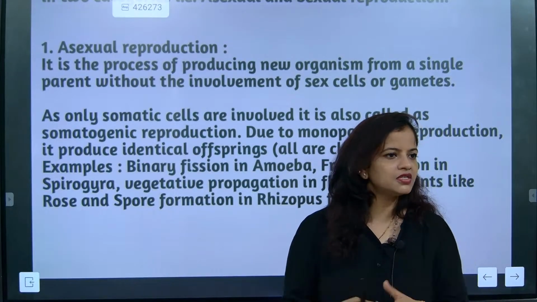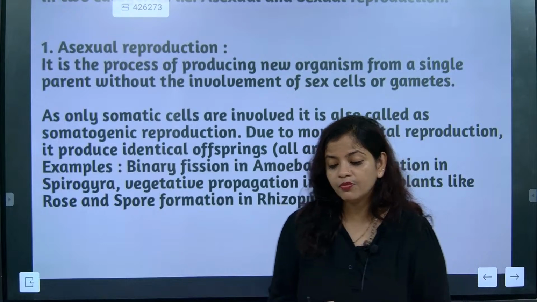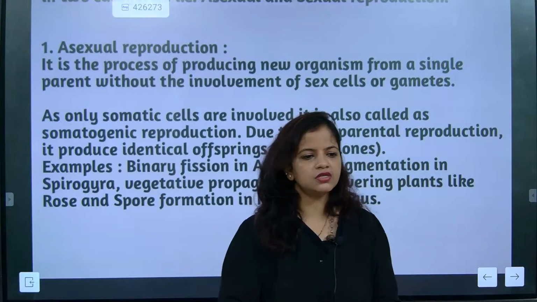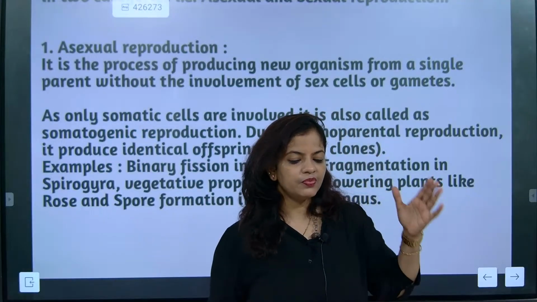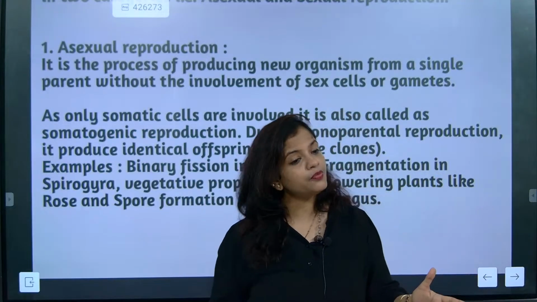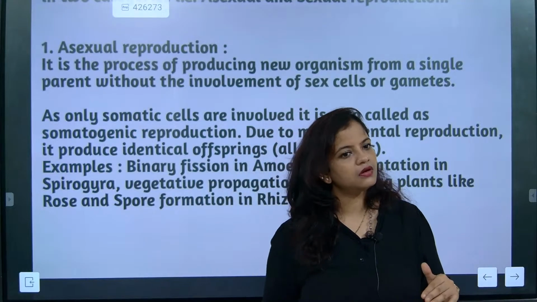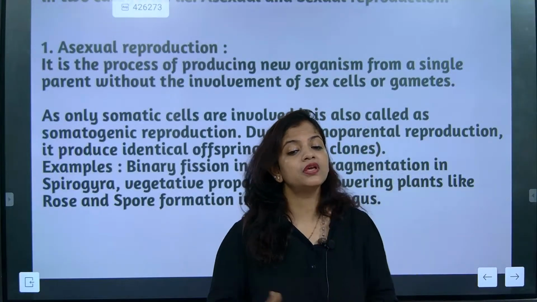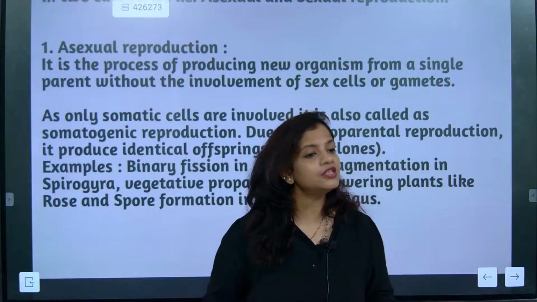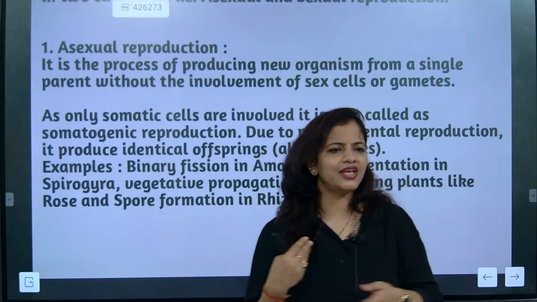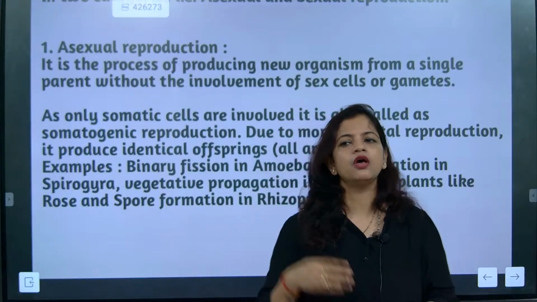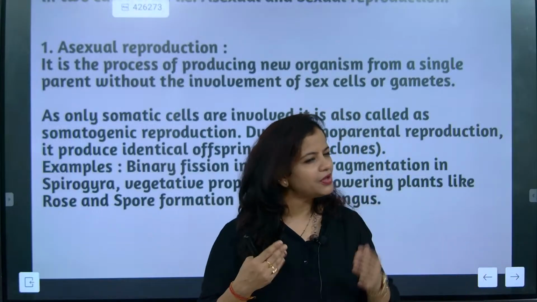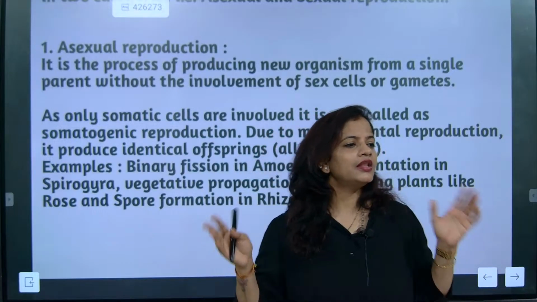We need to understand one more important point. In asexual reproduction, people say that variations are there. But the variation arises at the time of DNA duplication, at the time when the cell is dividing, if there is any external factor change, any chemical change or environmental change.